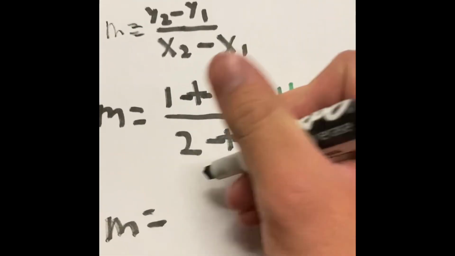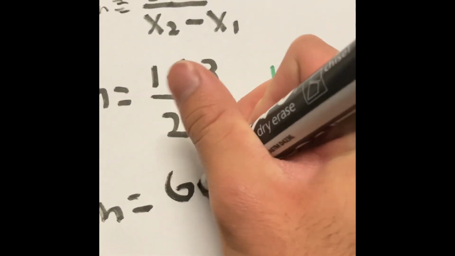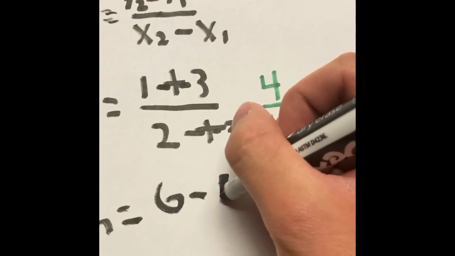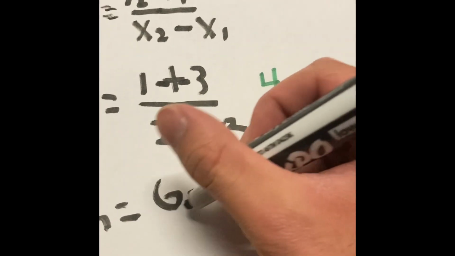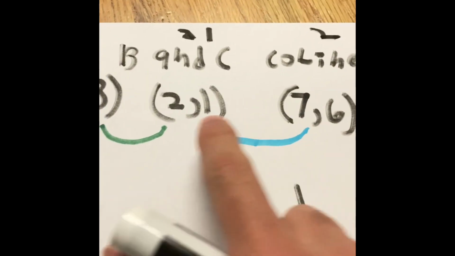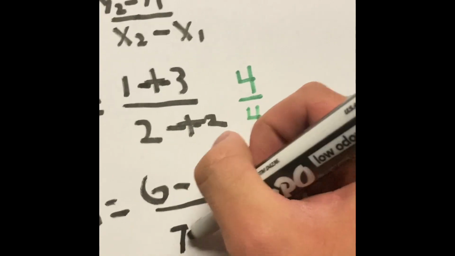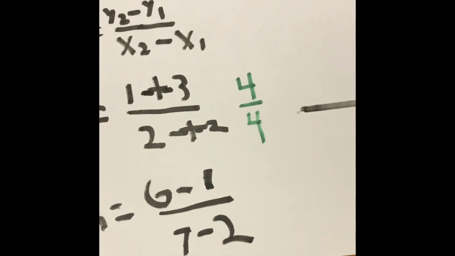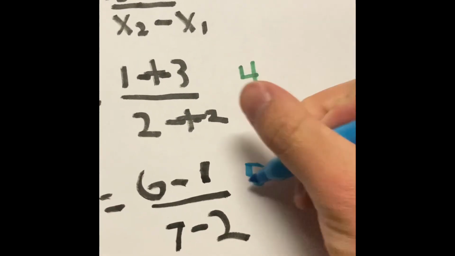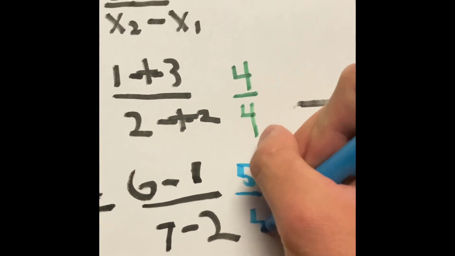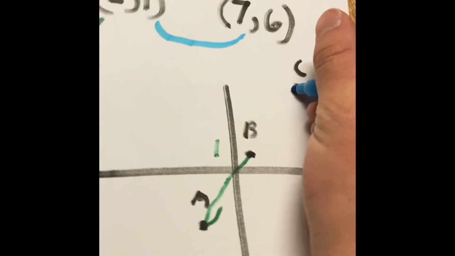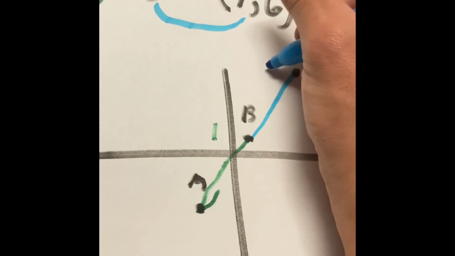We're going to do 6 minus 1, and then we have to do 7 minus 2. So 6 minus 1 is going to be 5, and 7 minus 2 is also going to be 5. 5 over 5 is going to equal 1. So from B to C, the slope is 1.